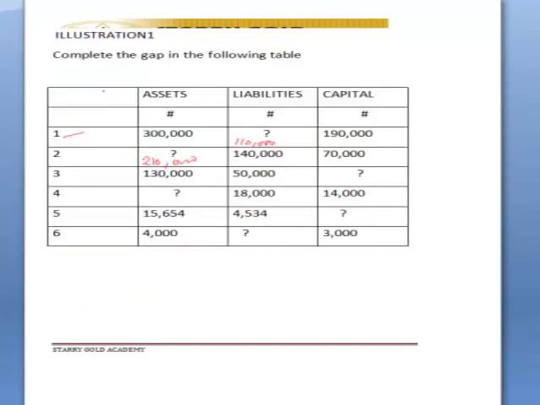Then 3. Solution to question 3. What are we looking for in 3? We are looking for capital. We have A to be 130 and L to be 50. So capital will become asset minus liability, where A is 130 and L is 50.